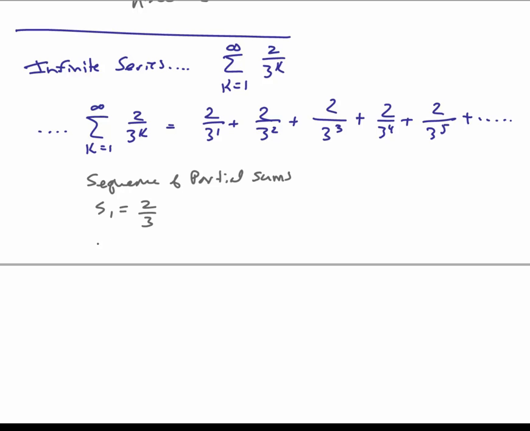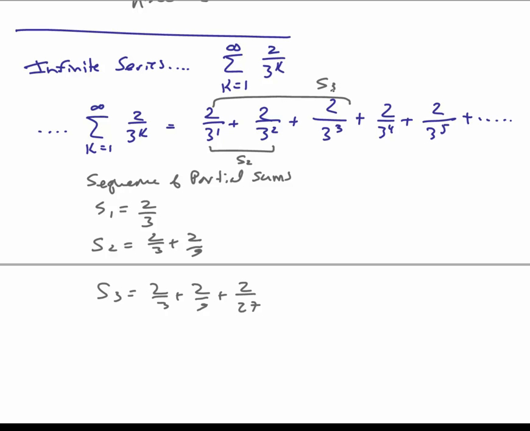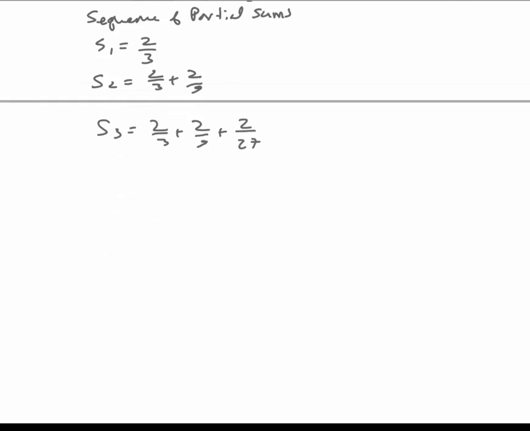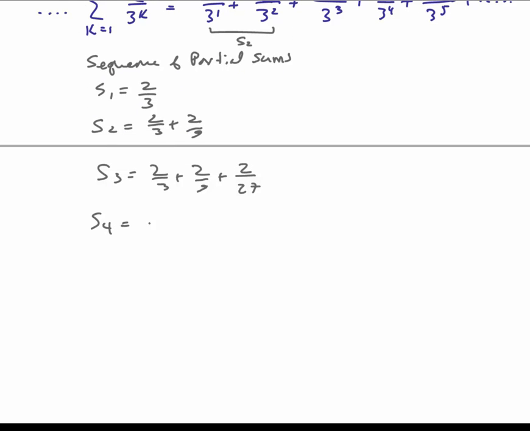S sub 2 is 2/3 plus 2/9, just these first two. S sub 3 would be 2/3 plus 2/9 plus 2 over 27, so these three. And then S sub 4 is 2/3 plus 2/9 plus 2/27 plus 2 over 3 to the fourth, which is 81.